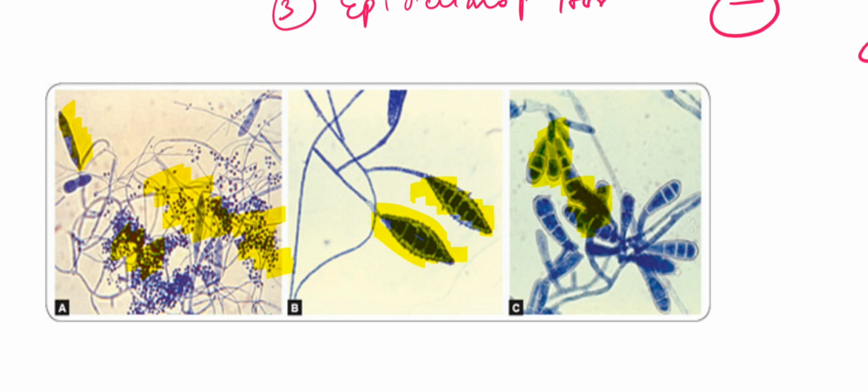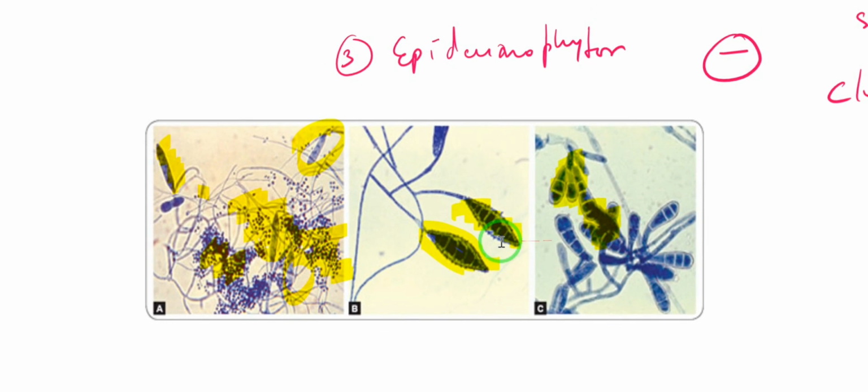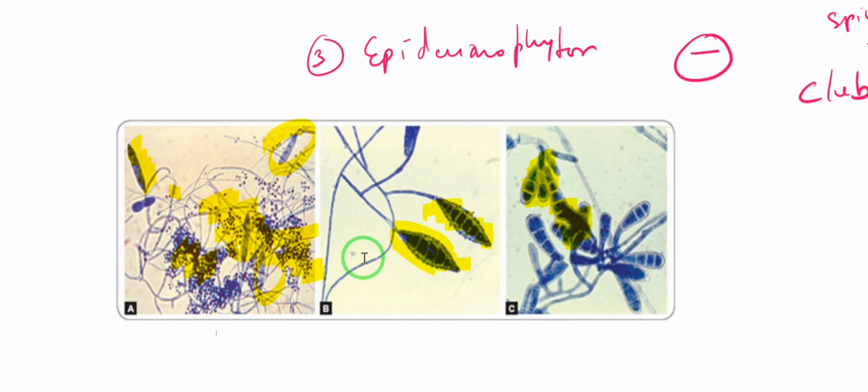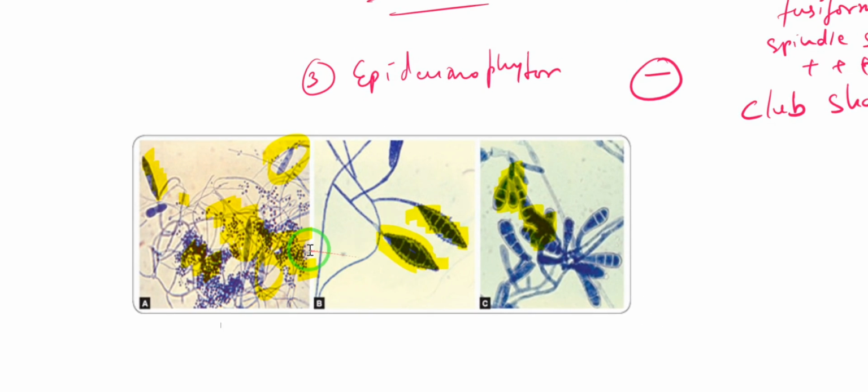You can see here there's another pencil shaped macroconidia, and one is here, one is here. Now we have done the LPCB mount, and let's say we know what genus we are dealing with. Now what else can we do for the diagnosis?